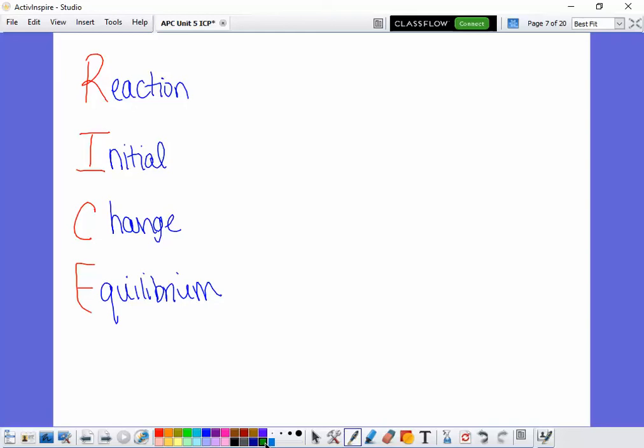Molarity, so concentration, or pressure. So it's going to be concentration or pressure, not moles, not grams, not liters. So if you're given some of those things, you're going to have to do math to find either concentration or pressure. Okay?